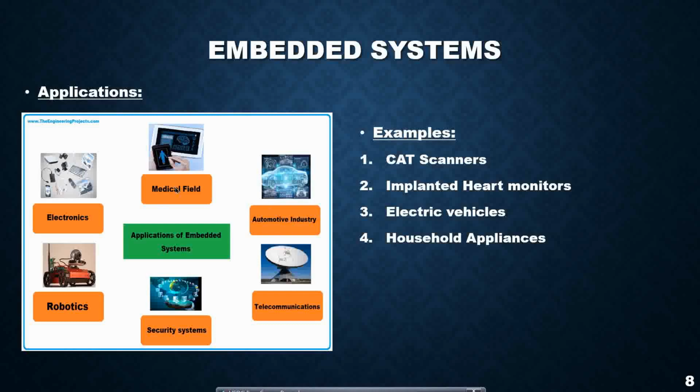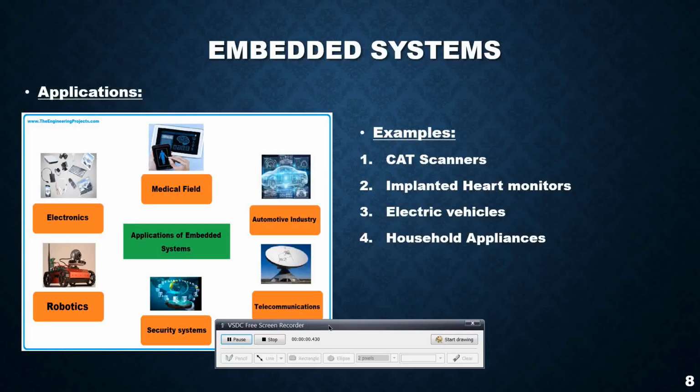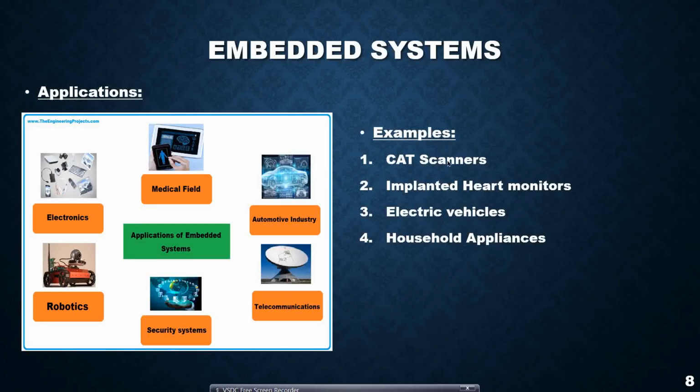Some examples include CAT scanners, implanted heart monitors, electric vehicles, household appliances, and many more. Here, CAT scanners and implanted heart monitors come under the medical field.